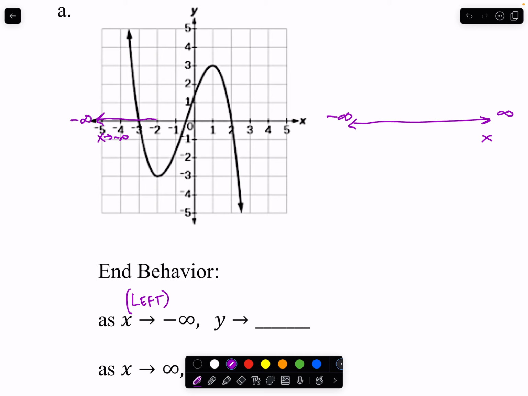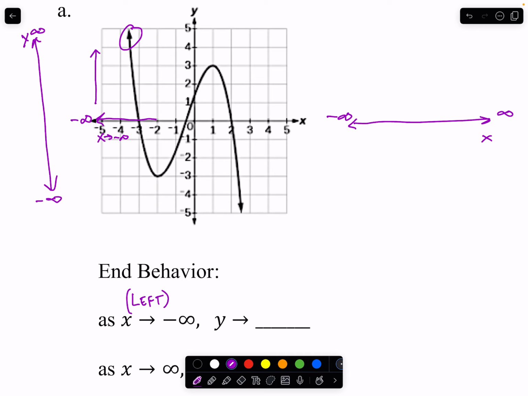You want to describe, is the graph pointing up or pointing down on the left side? So this one is clearly pointing up because of this arrow. So as x goes to negative infinity, when we describe up or down, we're going to use y. If I isolate the y-axis, it goes up and down, and at the bottom you have negative infinity, at the top you have positive infinity.